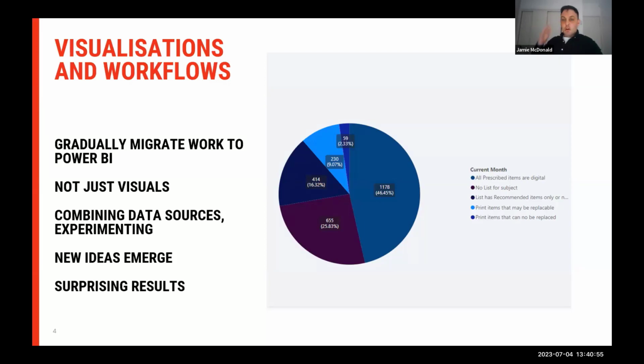But probably what I would say is the biggest achievement from our team's perspective anyway would be the original print to digital project, which I was talking about, which we worked on in 2020. That evolved into what we call the digital and free project. And last year, the team I work in were able to identify that 74% of all reading lists had all their prescribed items in E. So we found that figure at the start of the year using this reporting.